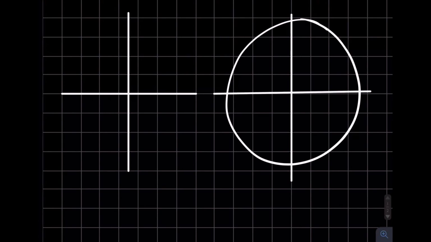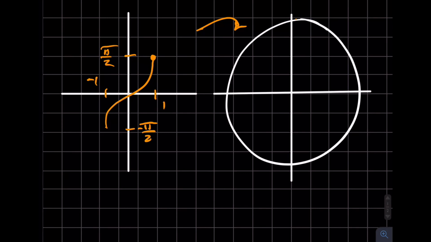So again, we'll draw this. It looks like this. And this goes between pi over 2 and negative pi over 2 on the y-axis, and negative 1 and 1 on the x-axis.